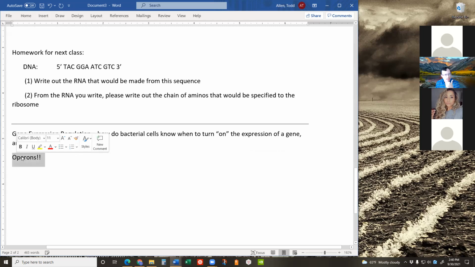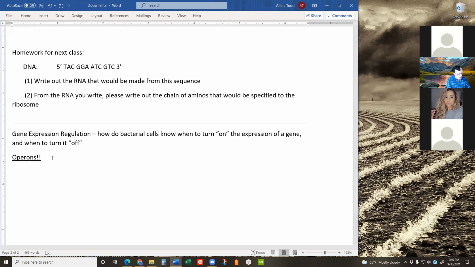All right, so I need to give you some background information here. Okay, and if you want some visualization, operons are talked about in figure 8.12, figure 8.13, figure 8.15. There's some nitty-gritty detail in there.